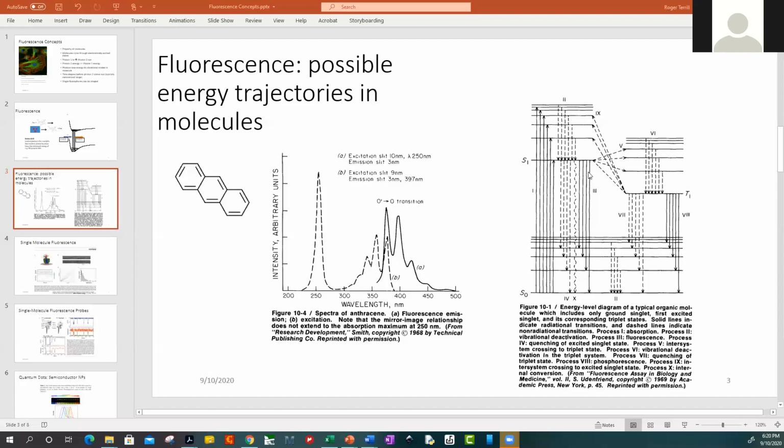In this diagram, there's absorption and emission, and then there's non-radiative decay, all kinds of non-radiative decay indicated, including this weird one here. And there's also intersystem crossing here, process V and IX, 5 and 9, right? So the only luminescent ones are this absorption and these two emissions.